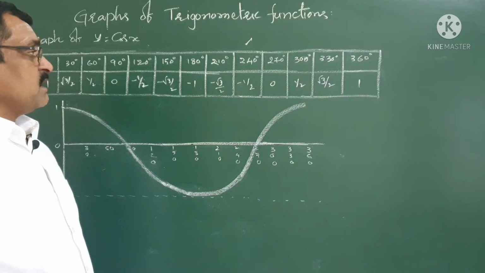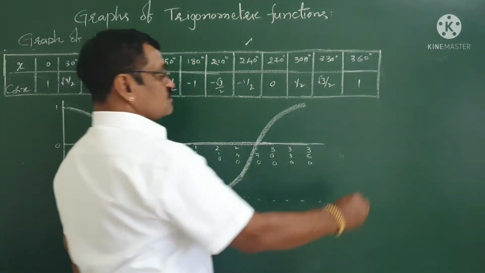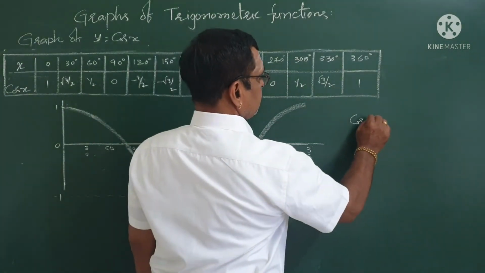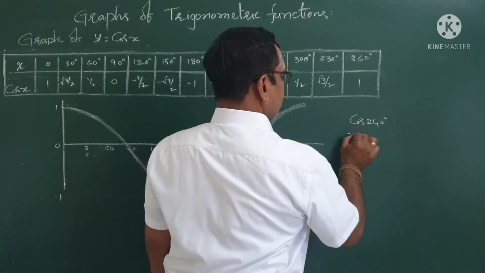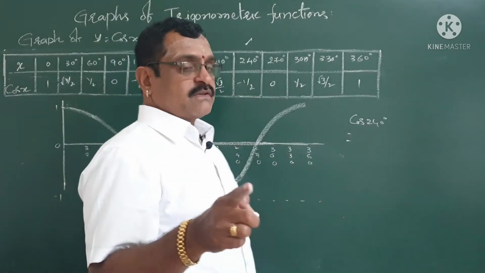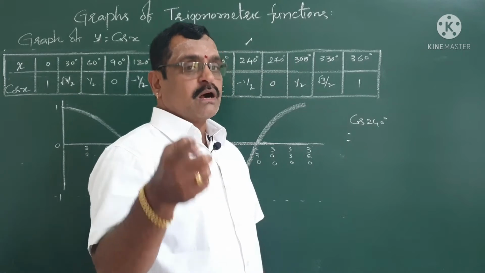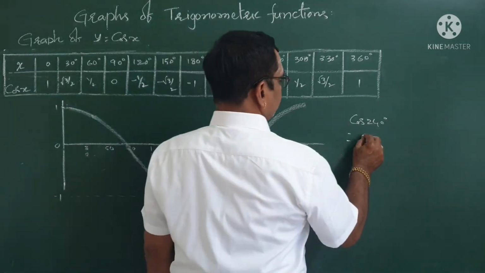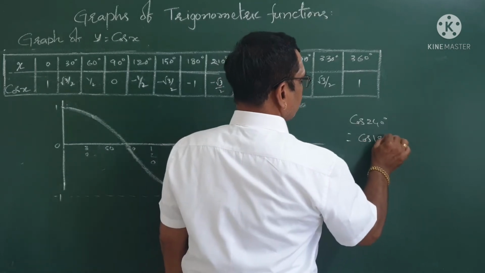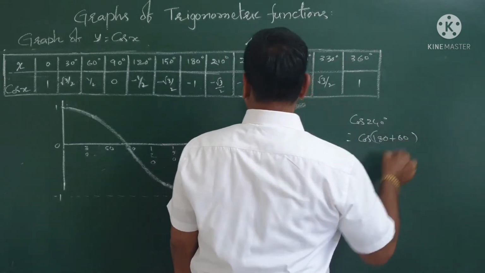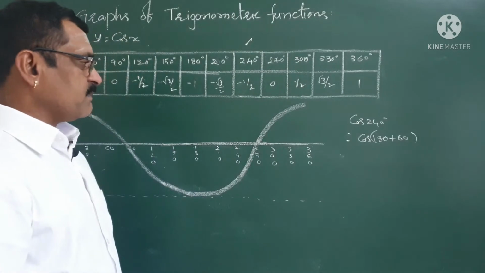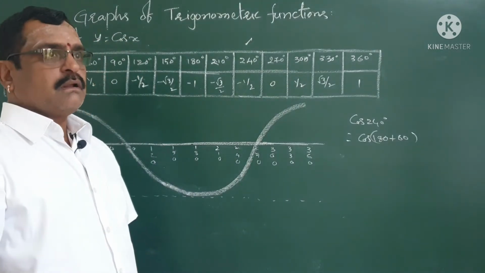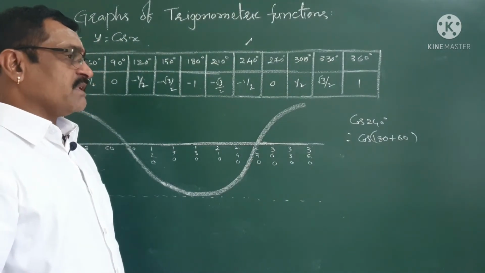Suppose I want to find cos 240 degrees. This 240 can be written as either 180 plus 60 or 270 minus 30. That's your wish. So I'll go for cos of 180 plus 60.